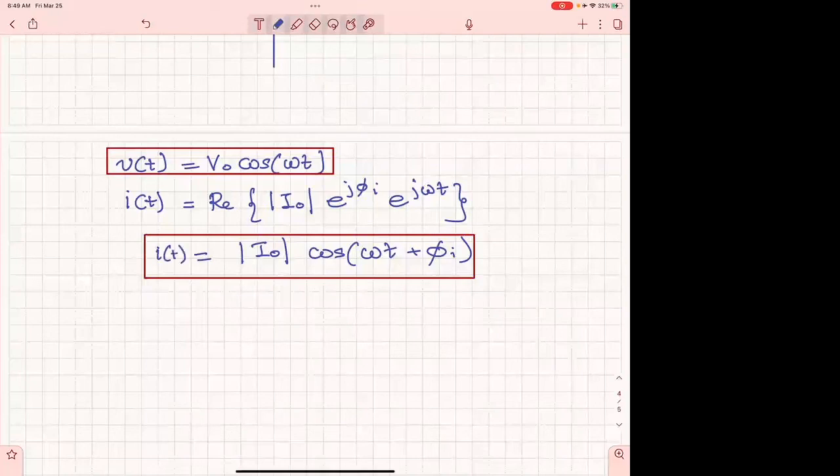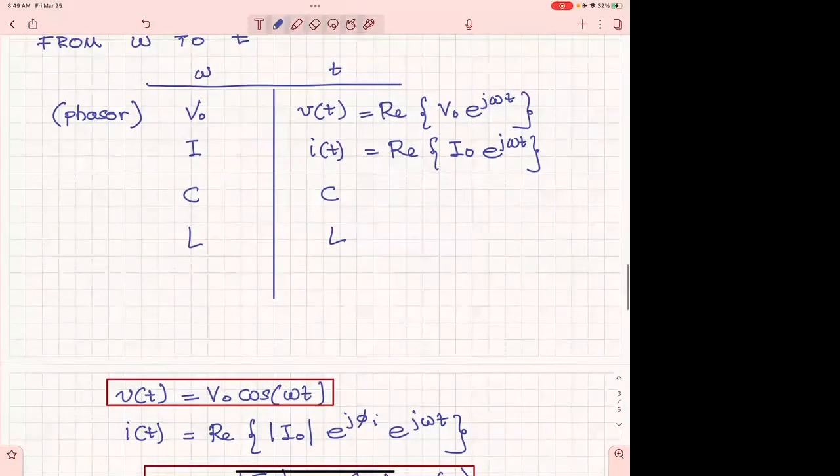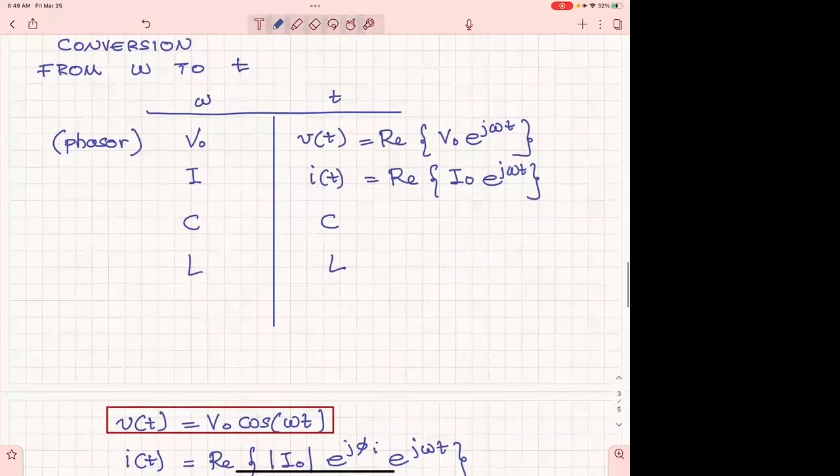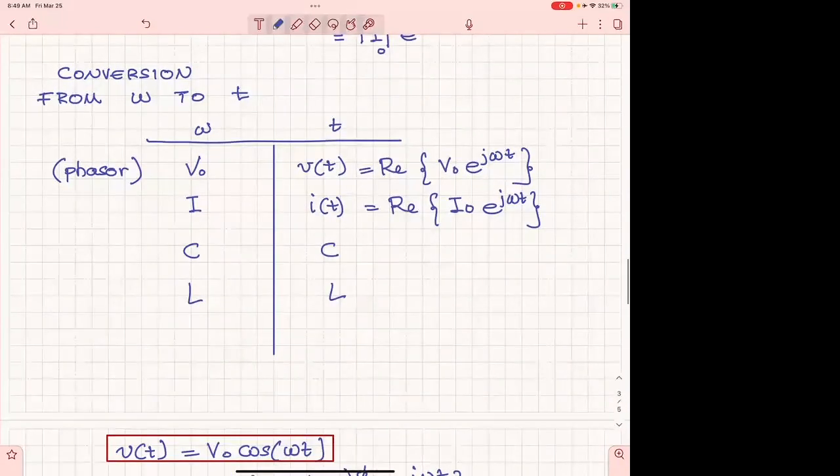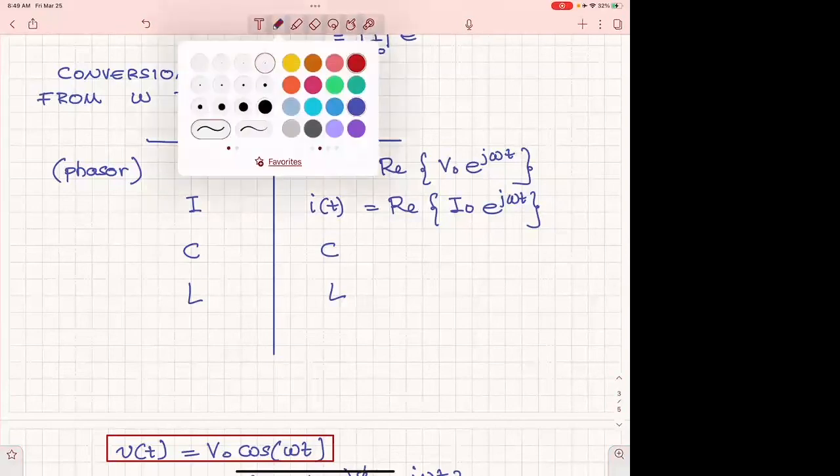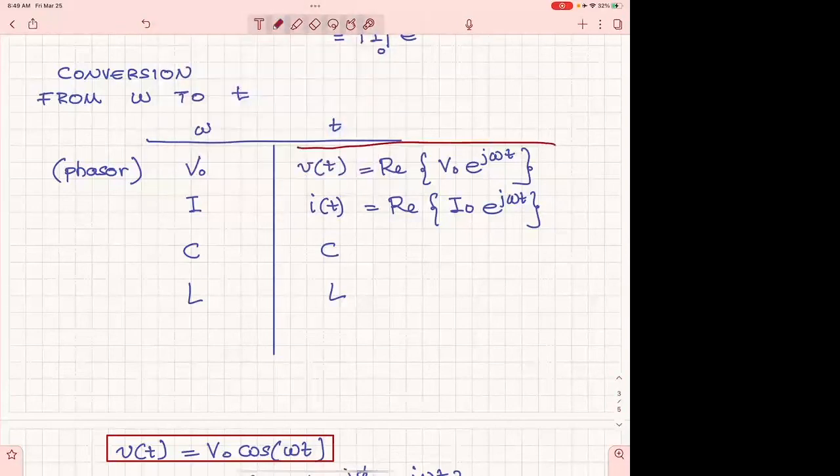So now, since we've said that, and we have defined the Fourier transform, and we have defined the conversion back from omega to time, you need to remember these expressions here as the conversion.